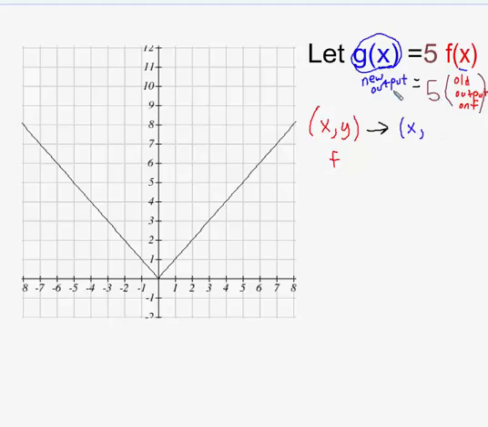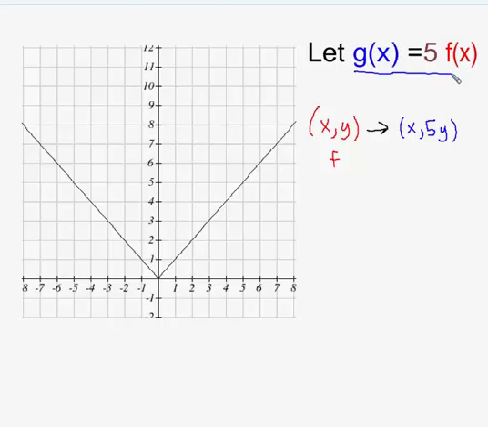So my new output, or my new y value, will be 5 times my old output, or my old y value. So since my original output on f was labeled y, think of the output on g as being 5 times y. This makes an efficient process for you to take any point on the original graph and find where it gets transformed to, given that our transformation was defined this way.